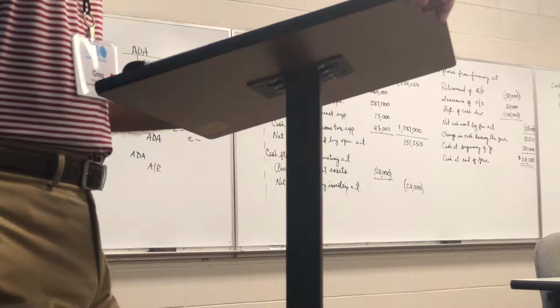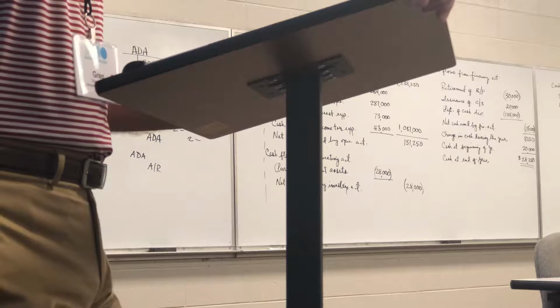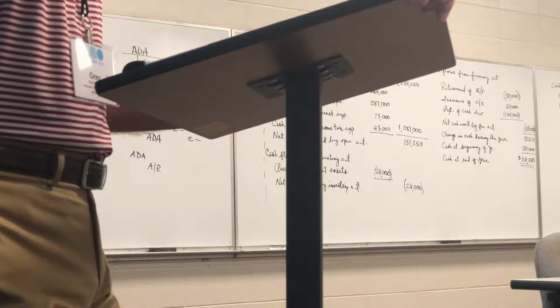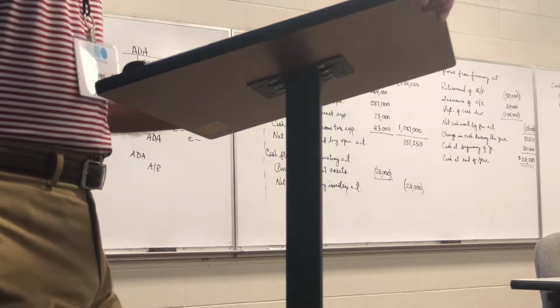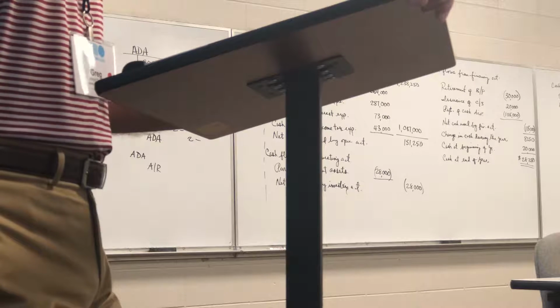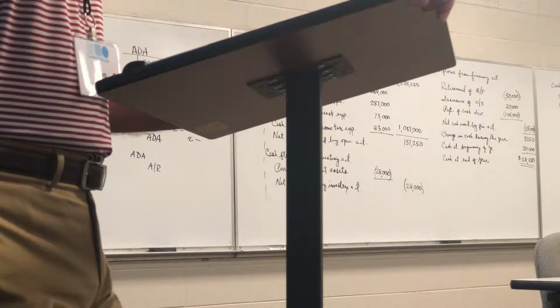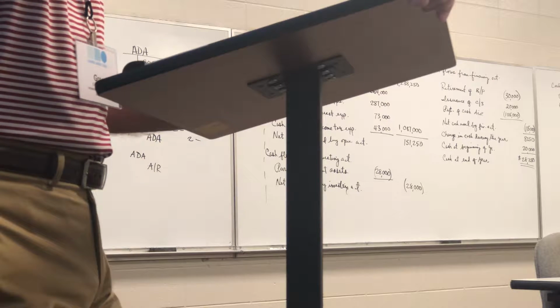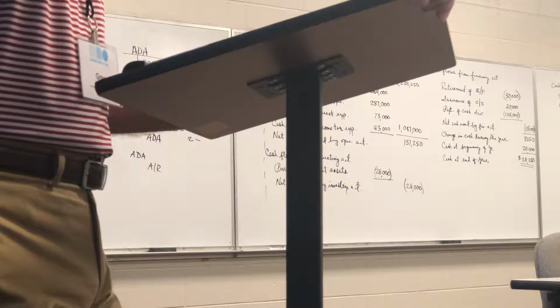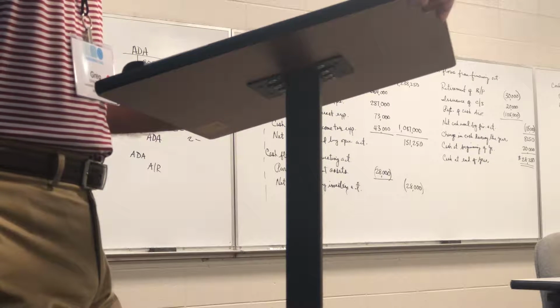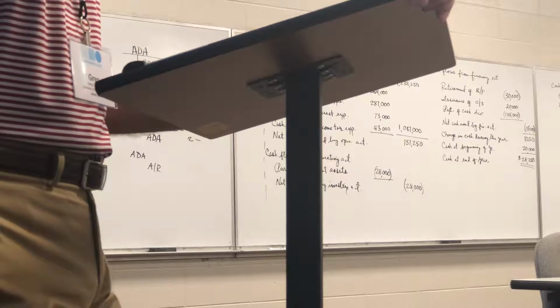Okay, let me give you a couple of check figures for cash flows from investing activities. The answer is 14,000 positive. And for cash flows from financing activities, the answer is 43,000 negative.